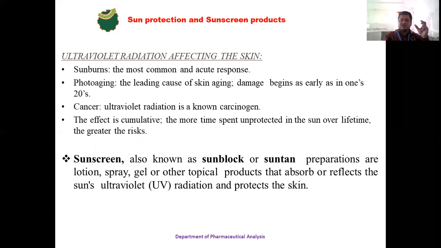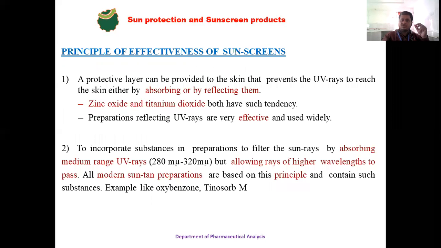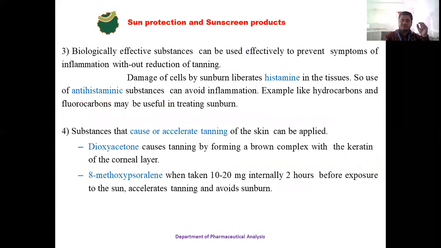So the main aim of our sunscreen product is to protect the skin from UVB rays. How does it get protected? The sunscreen product gives a protective layer over the skin, which absorbs the medium wavelength rays and allows the higher wavelength rays.